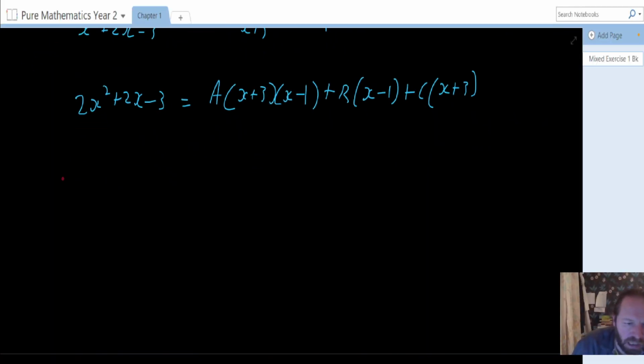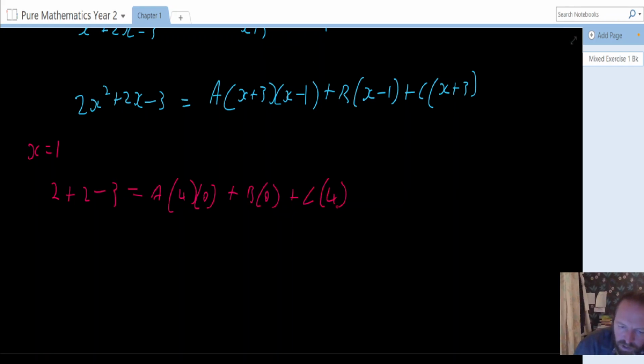And so let's look at what happens if x is equal to 1. Then we end up with 2 times 1 squared is 2, plus 2, minus 3, equals a times 4 times 0, plus b times 0, plus c times 4, or 4c.